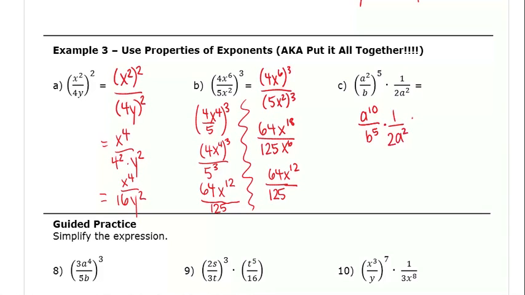If you really want to write it out a little bit more, you can multiply your numerators, multiply your denominators, and I'm just going to write them in alphabetical order. Some of you might be able to start reducing things right here, and once again, that is fine. And then the only thing I have left to simplify are my a's. So subtract my exponents, I get a to the 8th. That's going to be on top. And then 2b to the 5th is in your denominator.